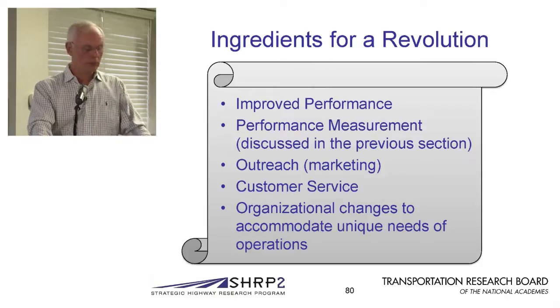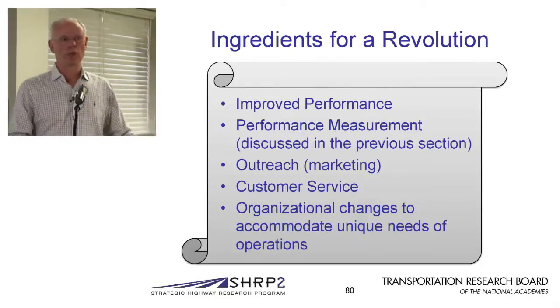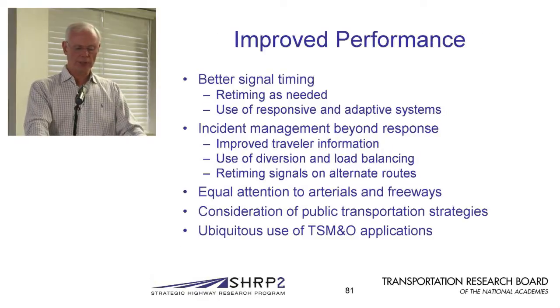So what can we do to further the cause, if you will, of doing a better job of transportation system management and operations? Well, this slide suggests a few things, and we'll go down through most of these one by one. The first thing is to just, as we started, focus on improving performance.